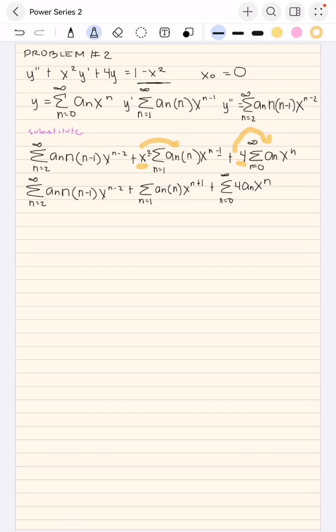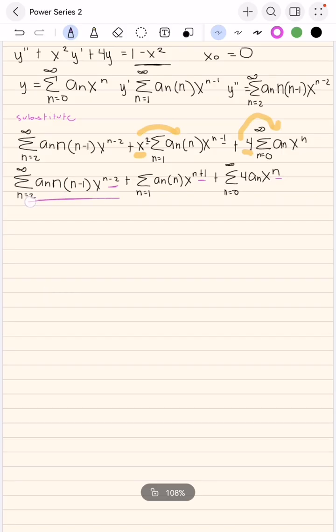After that, we see that our exponents are not the same. So first, let's isolate this one. I'm going to write in this pen. This is the summation from n equals 2 of a_n n(n minus 1) x^(n-2).